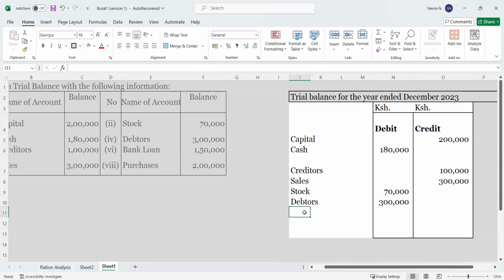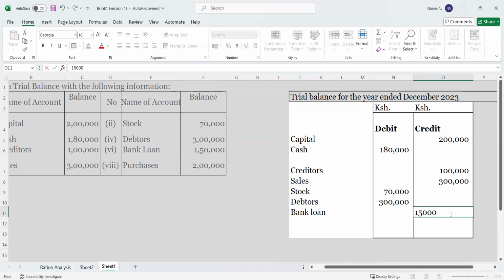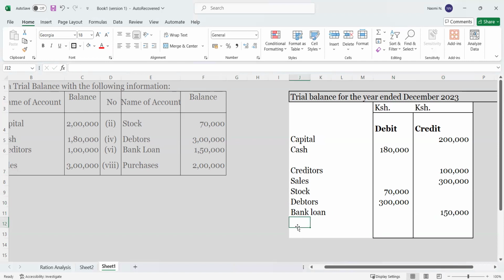Bank loan is a liability, so we credit. Then we have purchases, which we debit.